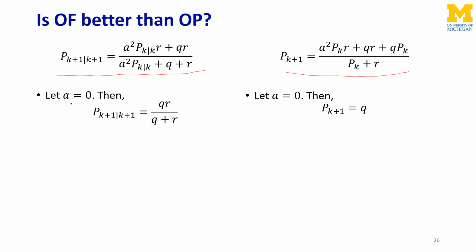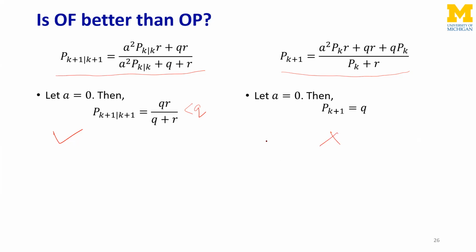Clearly, we can see in the case of A equals 0, as I showed earlier, that the posterior covariance is given by this, and the state error covariance in the case of a predictor is given by this. Both of these covariances are valid for the state at step k plus 1. Clearly, this one is less than k, and this is equal to k. So of course, the filter is actually much better than a predictor.